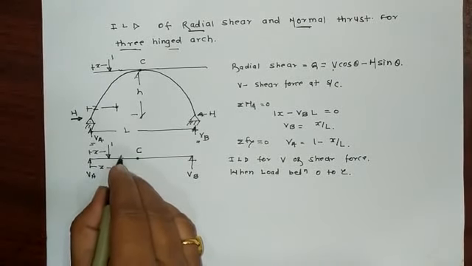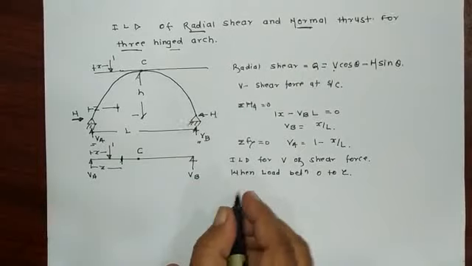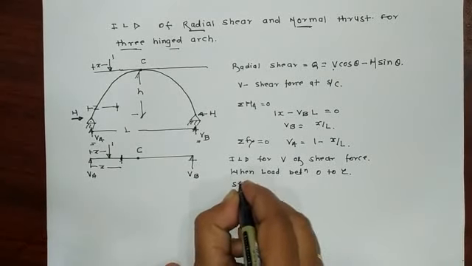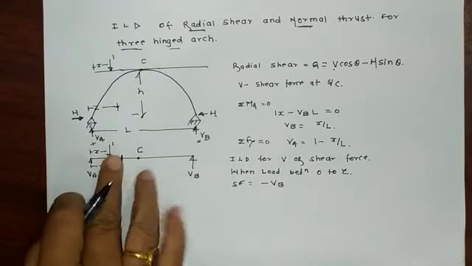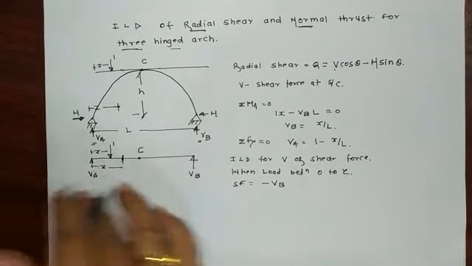In that case, when this load is between 0 to Z, what is the shear force at this section? At this section from the right side, the shear force is minus VB. From the right side, this upward force is negative.